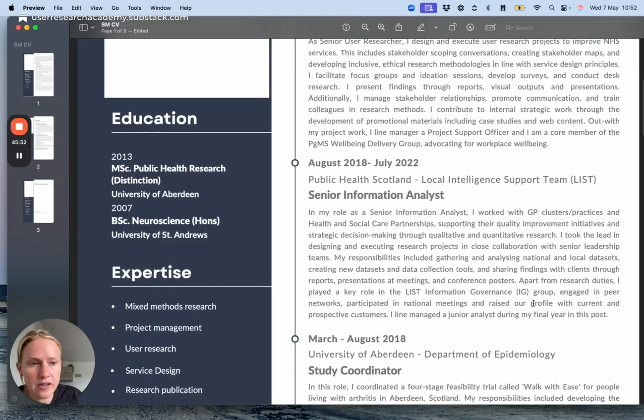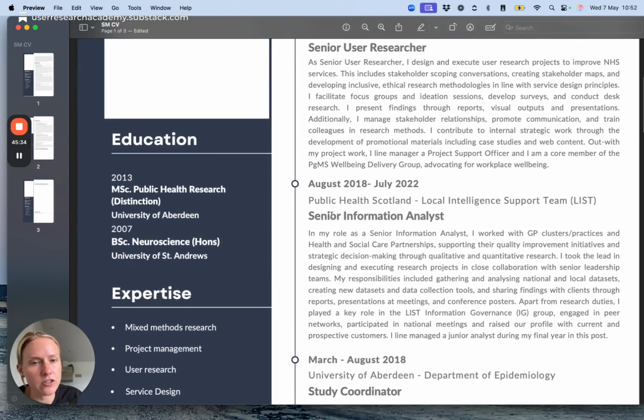So quickly here, again, the same. I'm not great at information analyst resumes. I've looked at a few, but this isn't my specialty. But same here: how did you support their quality improvement initiatives? How did you make strategic decisions, and what did that lead to? What kind of research projects did you do, and what did those lead to? What did those enable people to do?